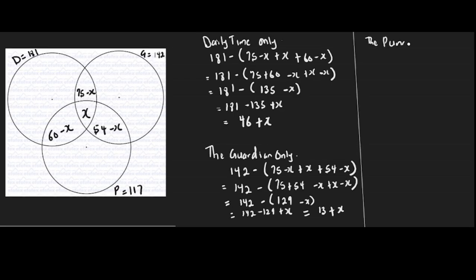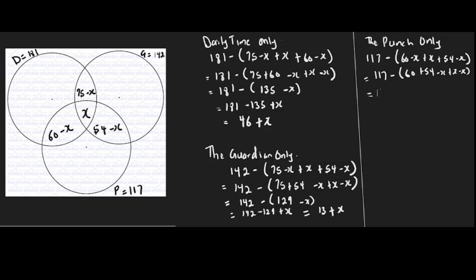Then the Punch only. That's for the Punch newspaper. We consider this circle here. So we are going to have 117 minus, open bracket, 60 minus x plus 54 minus x. So that's going to give us 117 minus, 60 plus 54 minus x plus x minus x.